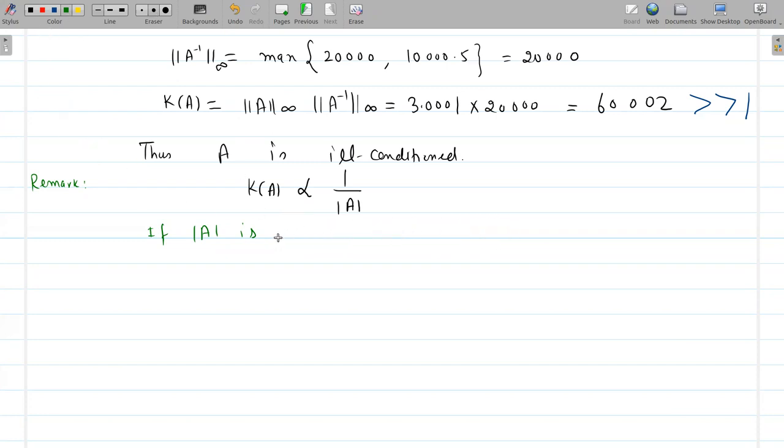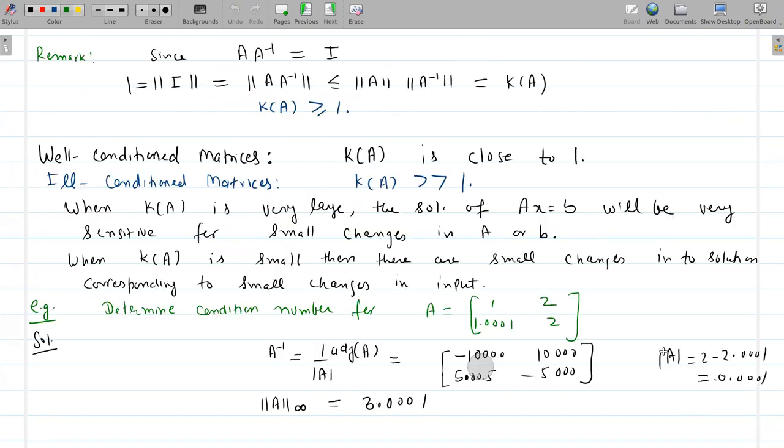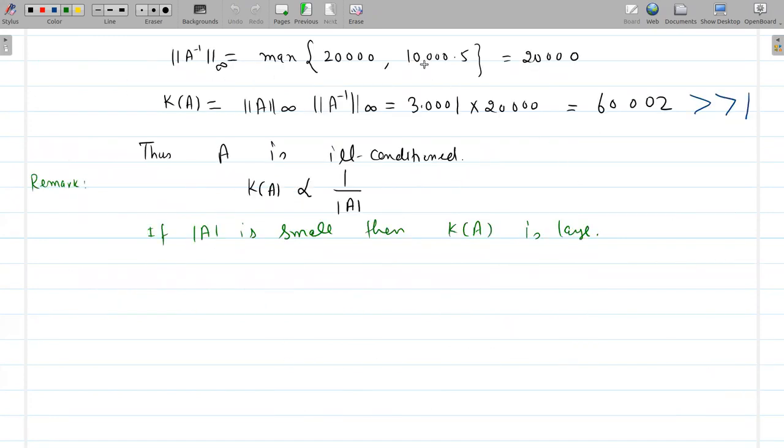If determinant of A is small, then K is large. It is inversely proportional, sorry. Look, here the determinant came out very small. That's why condition number was large. Okay, so it is inversely proportional.